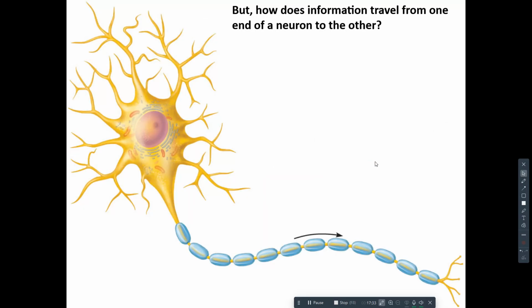But what I want to talk about now is how does information travel from one end of the neuron, like from the dendrites, all the way to the axon terminals? And the answer is it's electrical signals that do that. Electrical signals are going to take information from the dendrites to the soma, from the soma to the axon hillock, and from the axon hillock to the axon terminals.